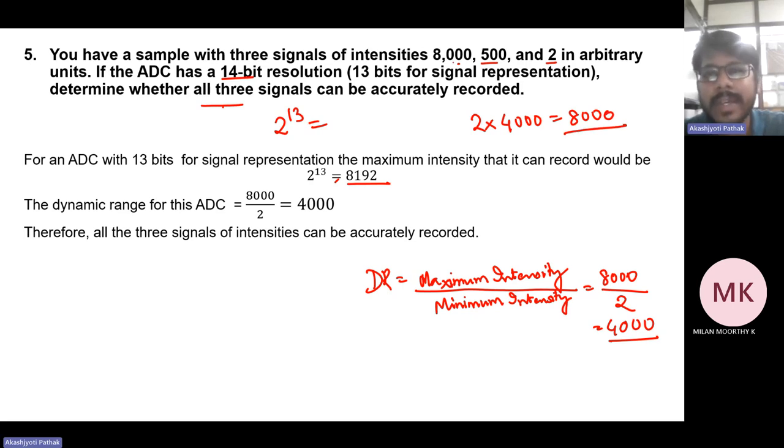Therefore, this 8000 intensity can also be recorded. And also, we found that the maximum intensity that can be recorded is 8192, and so 8000 is below 8192. So this maximum intensity of 8000 can also be recorded. And the minimum intensity comes within the dynamic range. And so all these intensities can be accurately recorded.